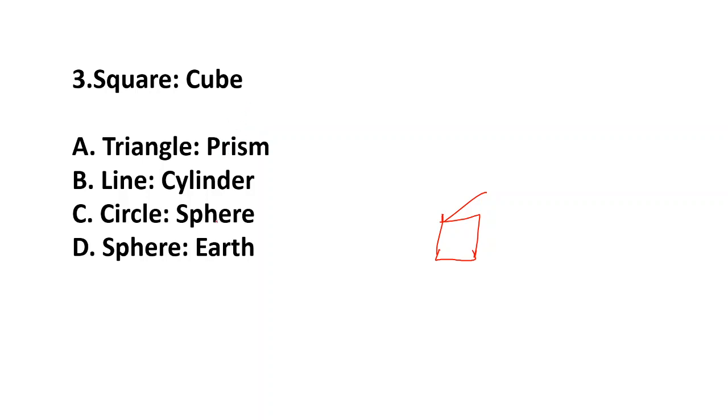So the same relationship where you can find: triangle, prism; line, cylinder; circle, sphere; sphere, earth. So the answer will be triangle, prism. Prism is also a kind of triangular object.